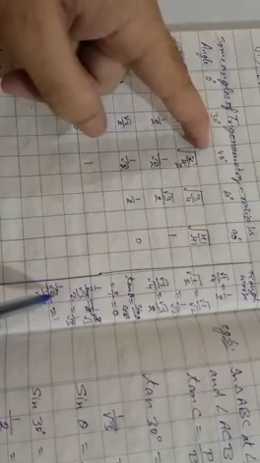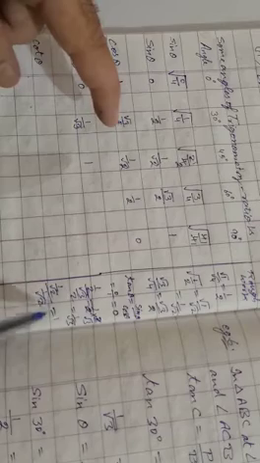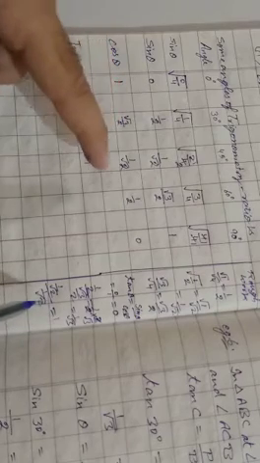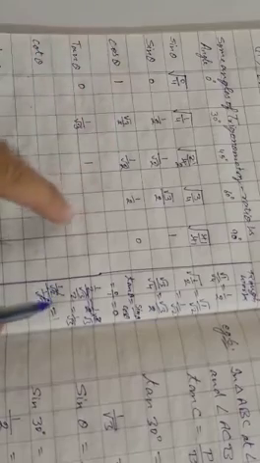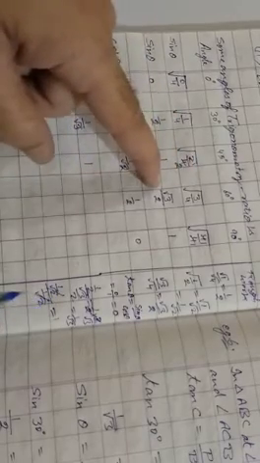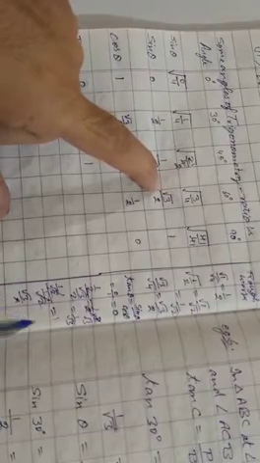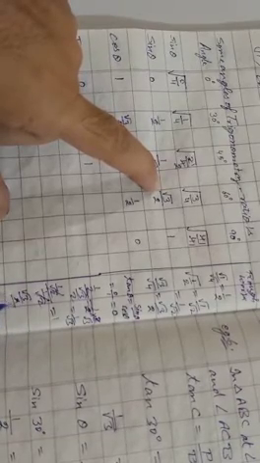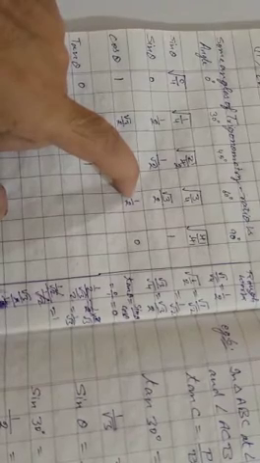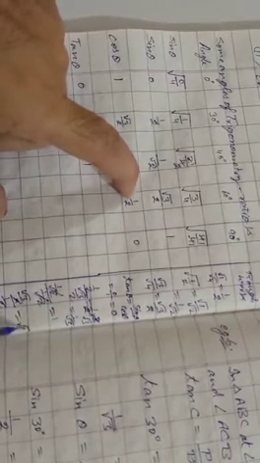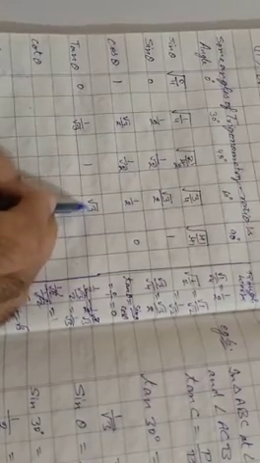And tan 45, sin 45 upon cos 45, that is 1. Cancel, we get 1. Now tan 60, sin 60, root 3 upon 2 upon cos 60, 1 upon 2. 2 cancel, we get root 3. So we write tan 60 root 3.